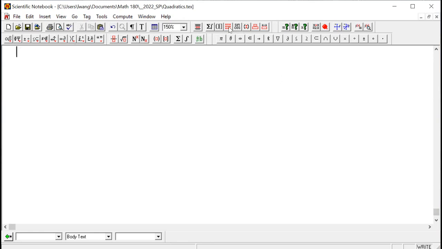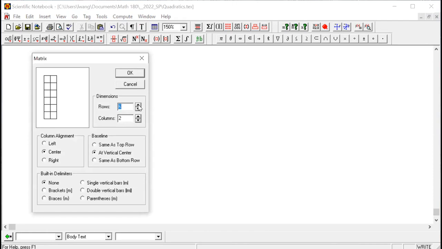Okay, 5 functions, 5 columns. We don't need so many rows, right? How many columns? 5 columns, 5 functions, right?